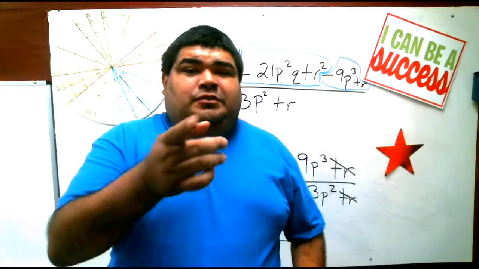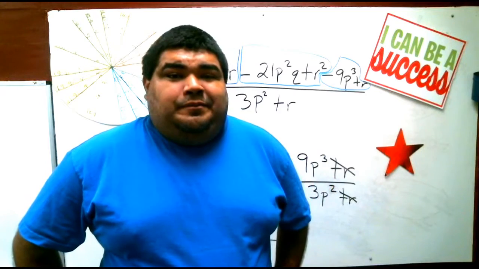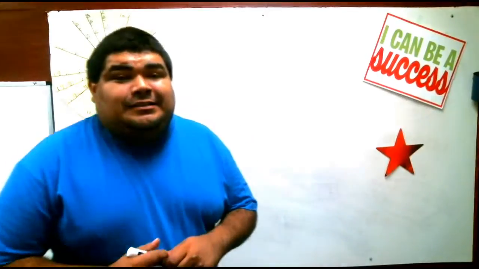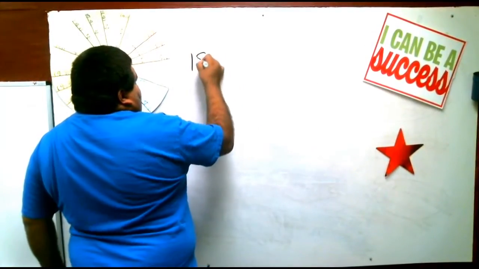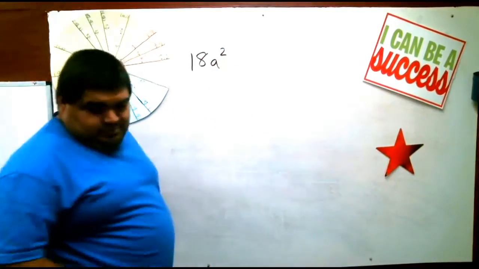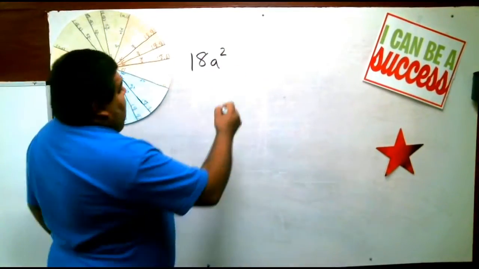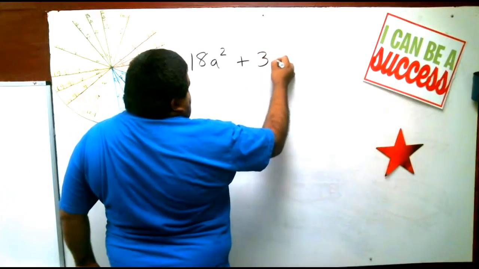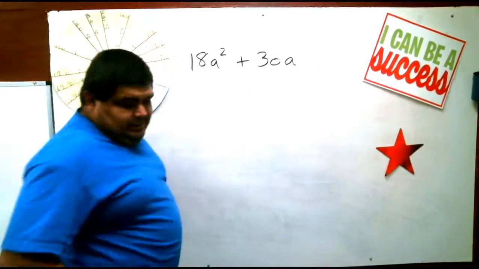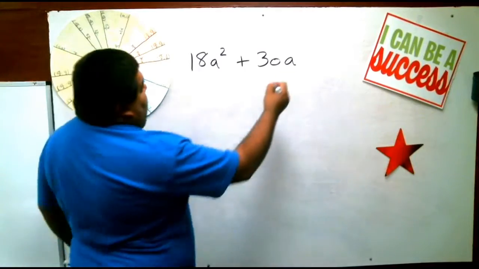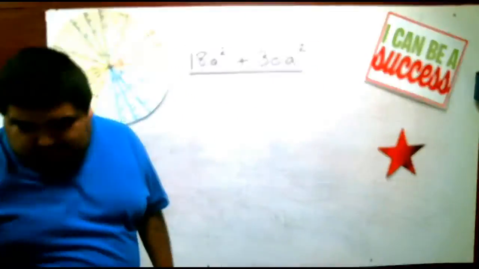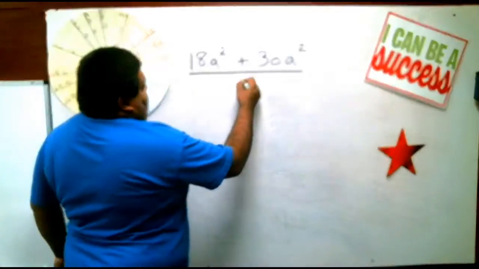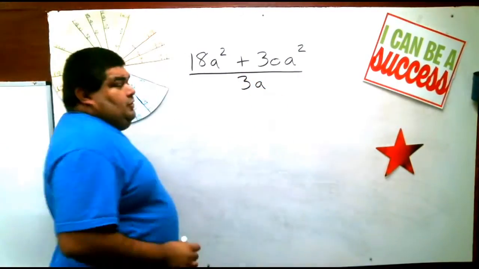Okay? So here is your assignment for today. Alright guys, your assignment for today is 18a squared plus 30a squared over 3a. Okay? So that's your first problem.